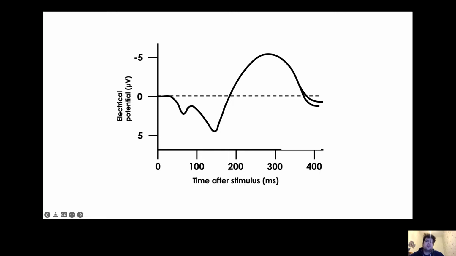Eventually, the signal will normalize and go back to its normal level. I just wanted to give you a visual picture of what an ERP is doing. It's looking at the change in the electrical potential of the brain in response to a specific event or stimulus over a time period. So we can look at the time course of that change in activation.